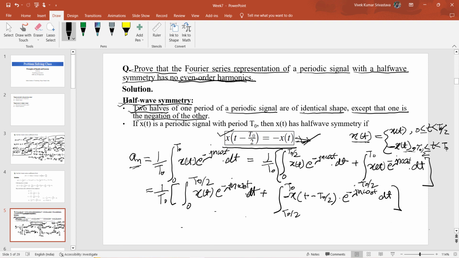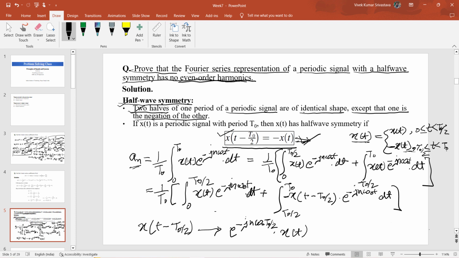So from our previous class, as we know, if this is the signal x of t minus T naught by 2, we can write this as e raised to the power minus j n omega naught T naught by 2 into X of t.